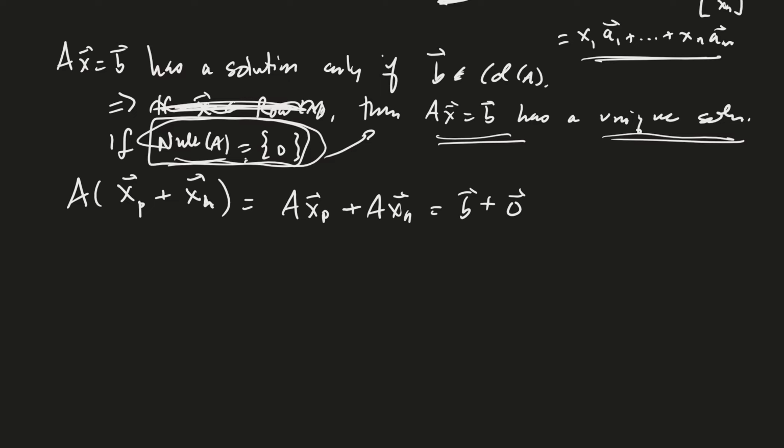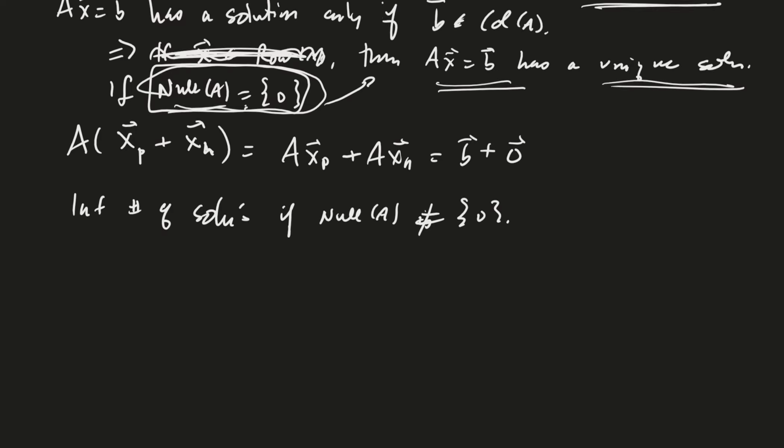But A might not be square in this situation. So then we have an infinite number of solutions if the null space is not equal to the zero vector.